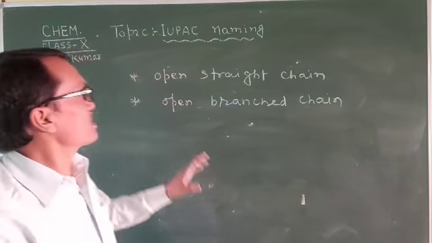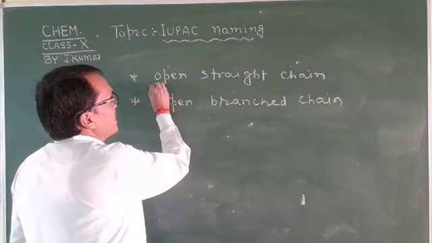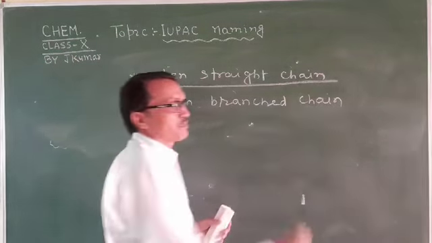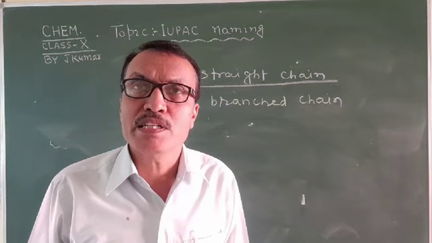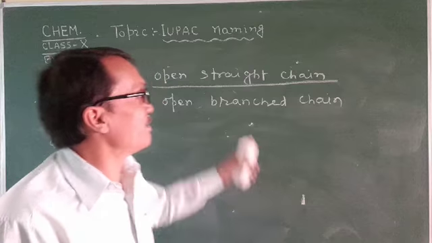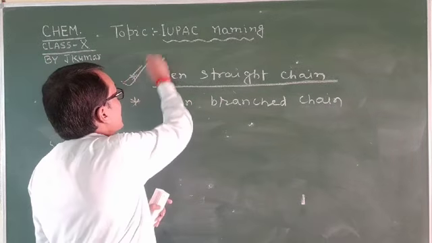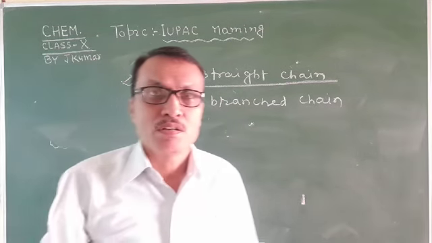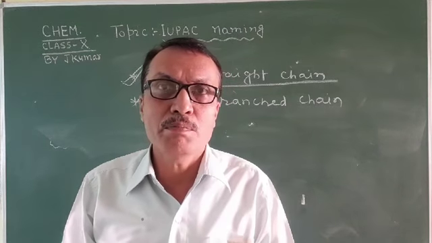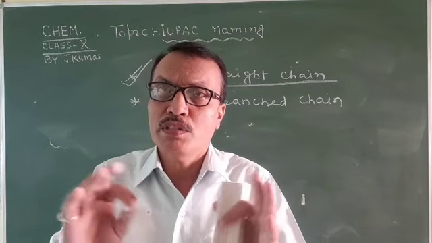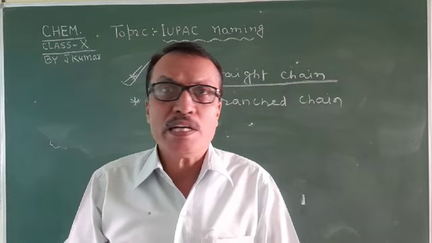Students, for open straight chain, IUPAC name is very simple. What you have to do in this open straight chain case is see the number of carbons, and on that basis take a root word.